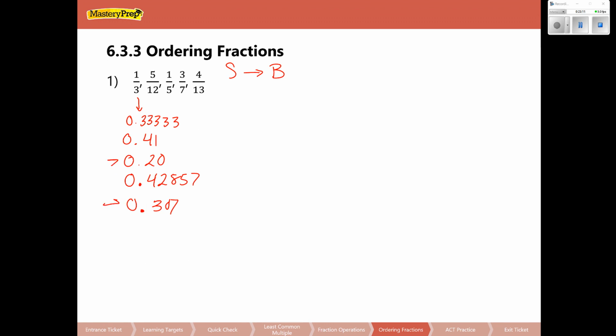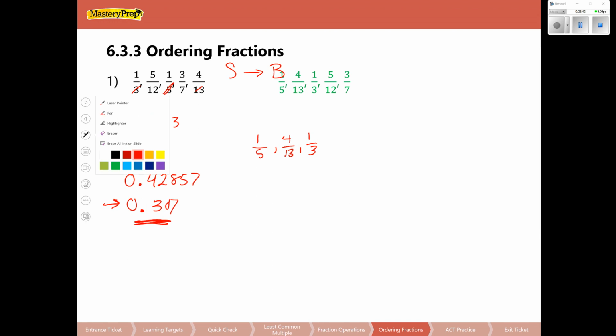Yep, 0.2. So our smallest one is 1/5. And then 1/3. Then 4/13, then 1/3. And then would it be 5/12? 5/12. And lastly, 3/7.